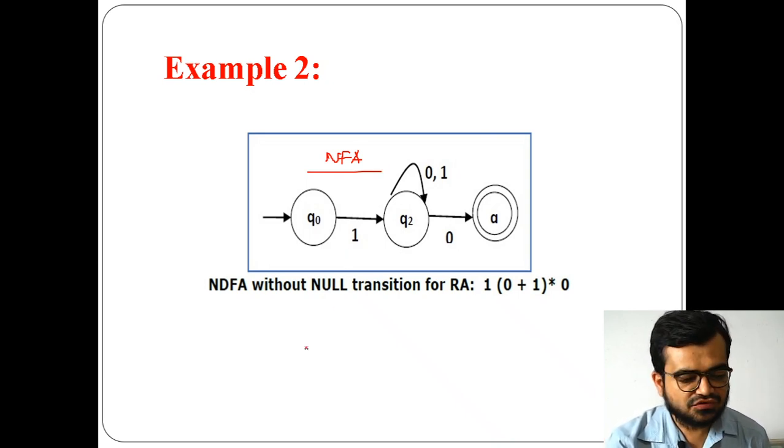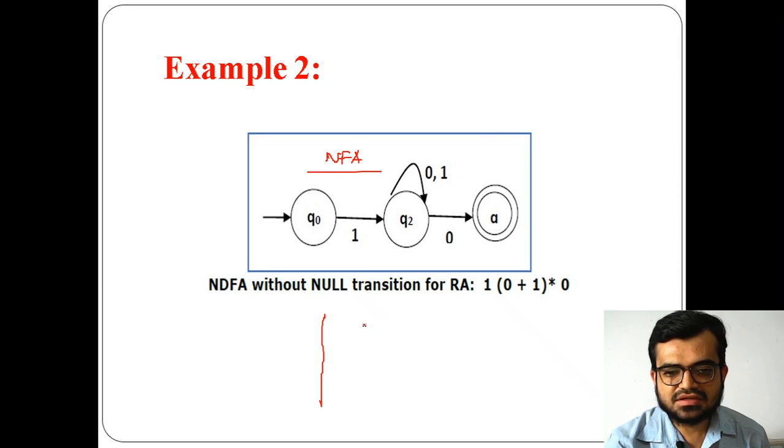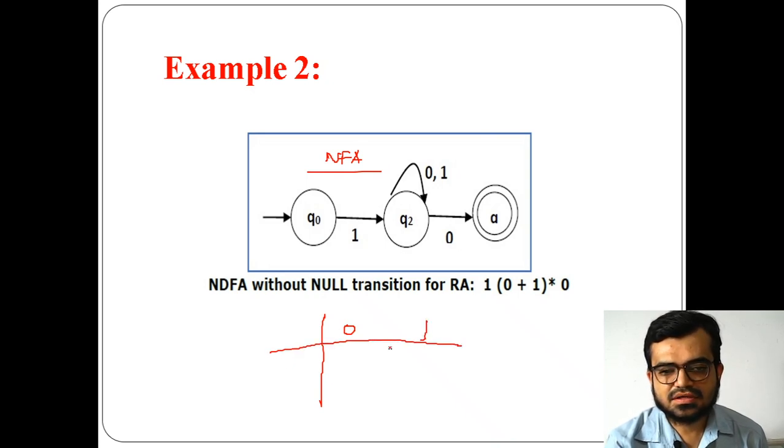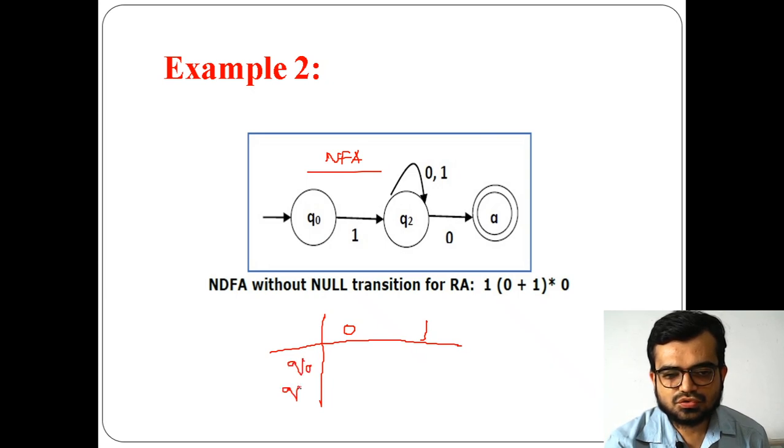So here, first I will be taking a transition table. I am taking 0 and 1, and here this is Q0, Q1 and A, where Q0 is my initial state and A is my final state.